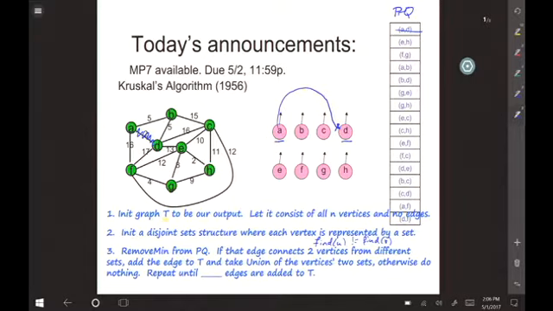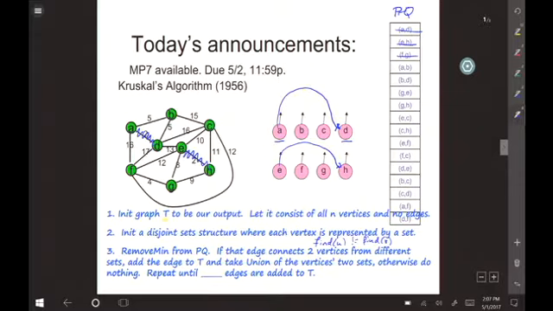And we keep going. EH, you do a find on E, a find on H. They're not in the same set, so we add EH to the graph and take the union of their two sets. Remove min, FG.